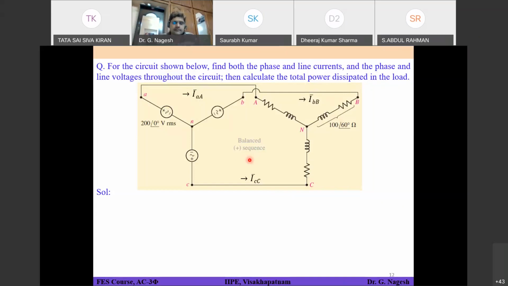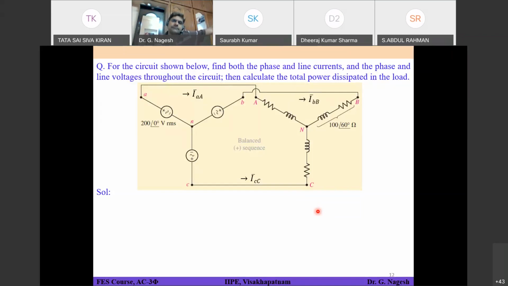VAB is 346 at the angle of 30 degrees. VBC is 346 at the angle of 30 minus 120, that is minus 90. Then VCA 346 at an angle of minus 210. Okay, done. So phase voltages and line voltages you have calculated.